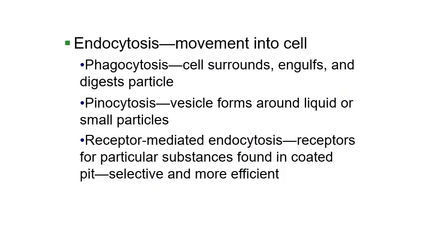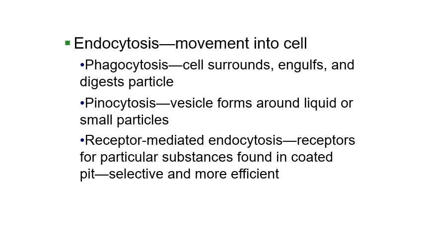Right, so endocytosis is the opposite. Endo means within. So this is bringing stuff into the cell through vesicle formation, through change in the shape of the membrane. And we can do this in a couple different ways. There are some subcategories here. Phagocytosis is when we engulf large particles. An example of this is how your white blood cells eat bacteria, by phagocytosis.